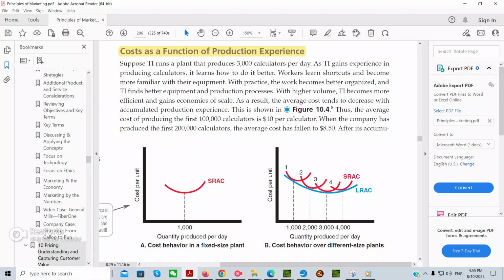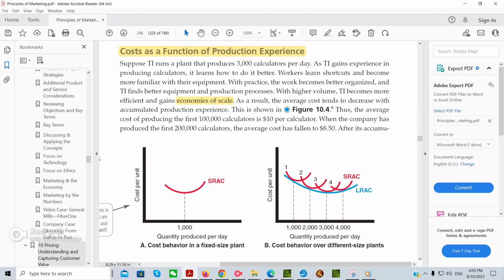With higher volume, TI becomes more efficient and gains economies of scale, which means it can produce more. That's a key idea, economies of scale. As a result, the average cost tends to decrease with accumulated production experience. Thus, the average cost of producing the first 100,000 calculators is $10 per calculator.